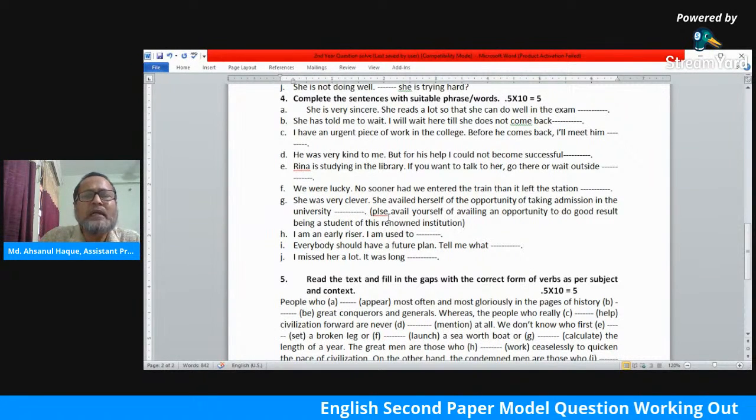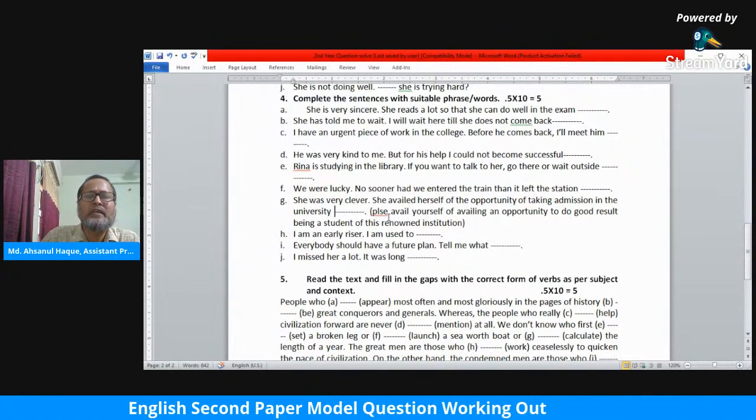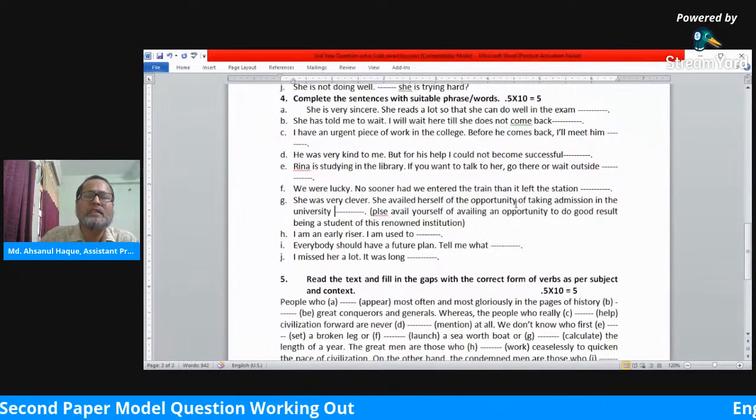That means she actually got a chance of taking admission in the university, so she availed the opportunity.